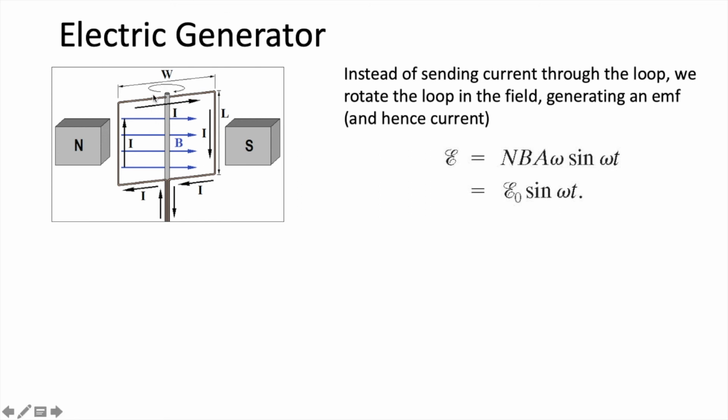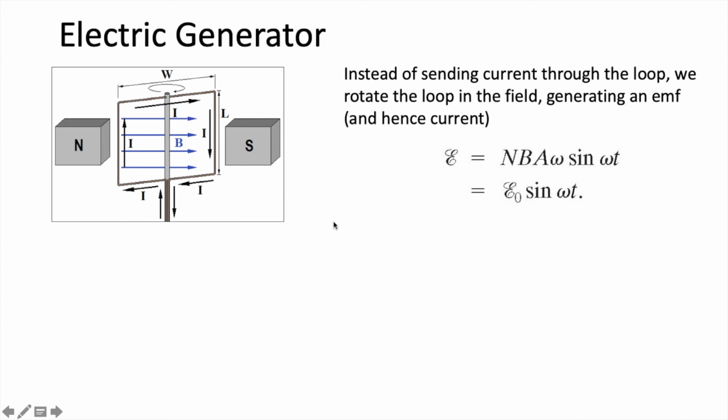The cosine theta is changing by rotating this loop, there is the rotation direction, with some angular speed omega, which you see as the angular frequency in our EMF equation here. This omega is the frequency of this coil rotating.